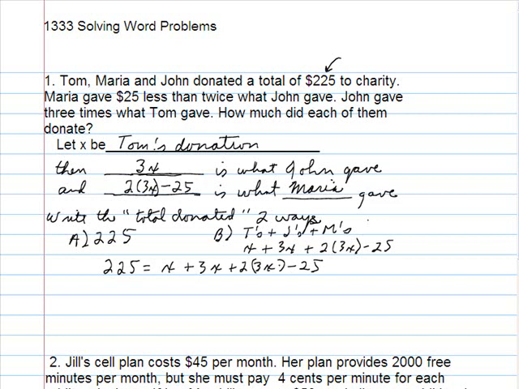So let's go ahead and finish this off. Let's simplify all these x parts because it's really simple to do. 1x plus 3x is 4x plus 6x is 10x minus 25 equals 225. Add 25 to both sides and you get 250 equals 10x.